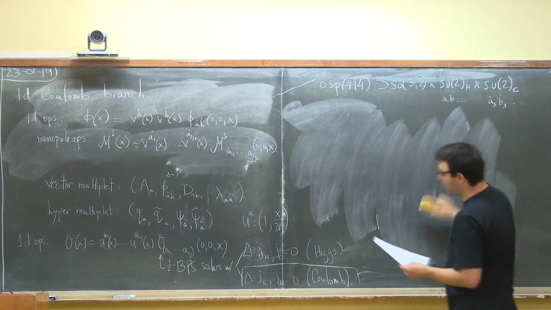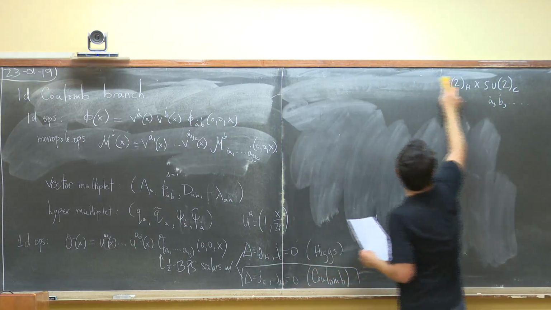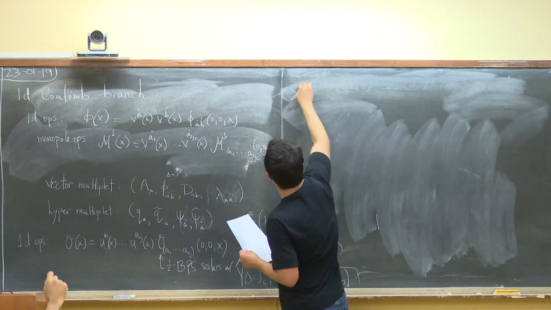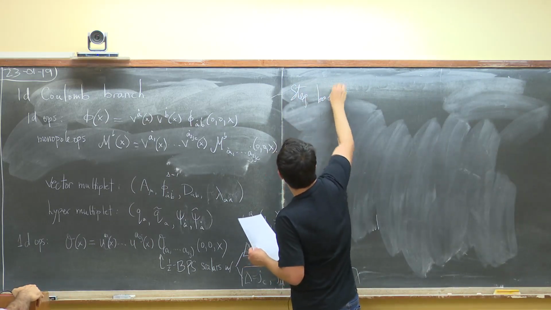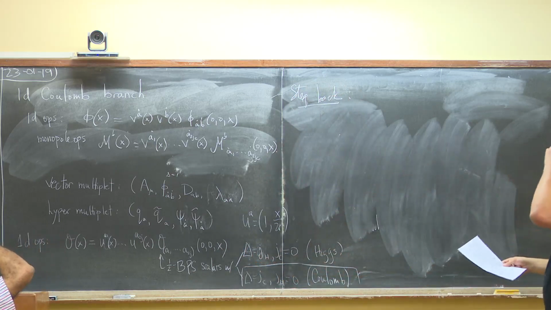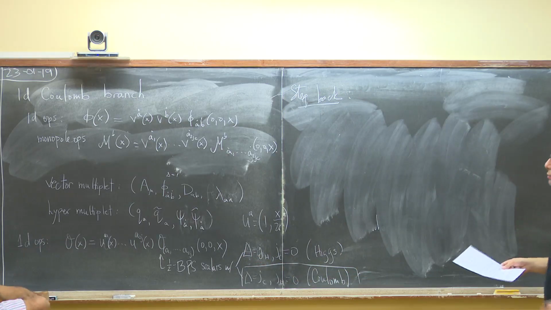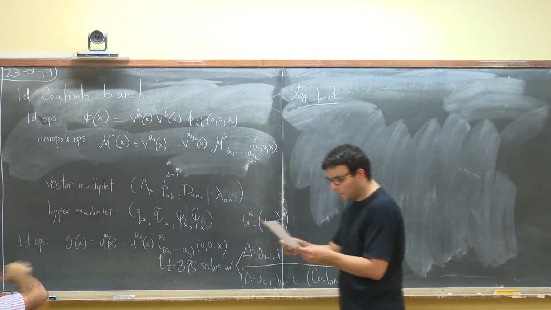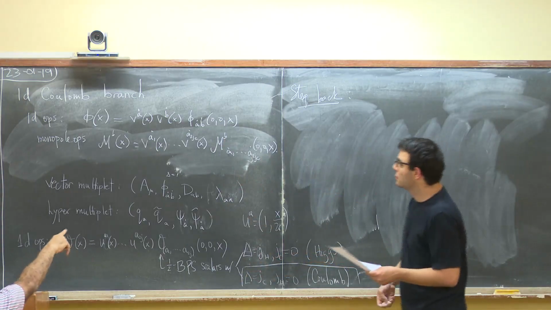So maybe I can erase this and take a brief step back. One quick question: the monopoles carry just one unit of flux? They're labeled by B. And that C there, is that related to B?